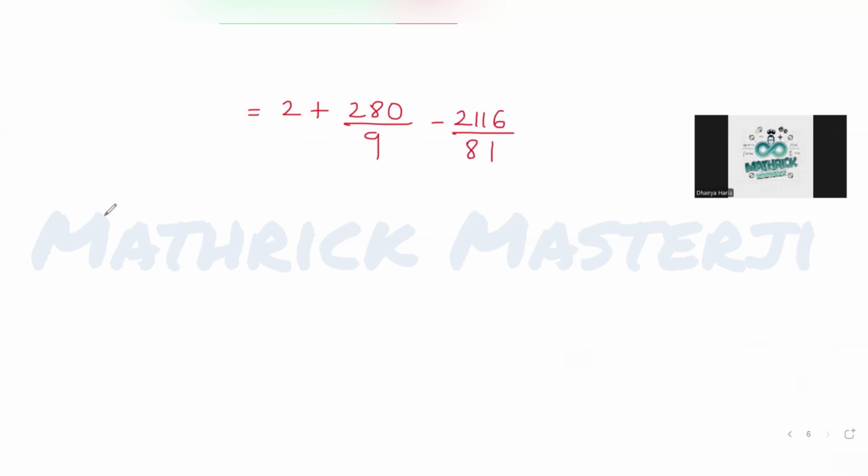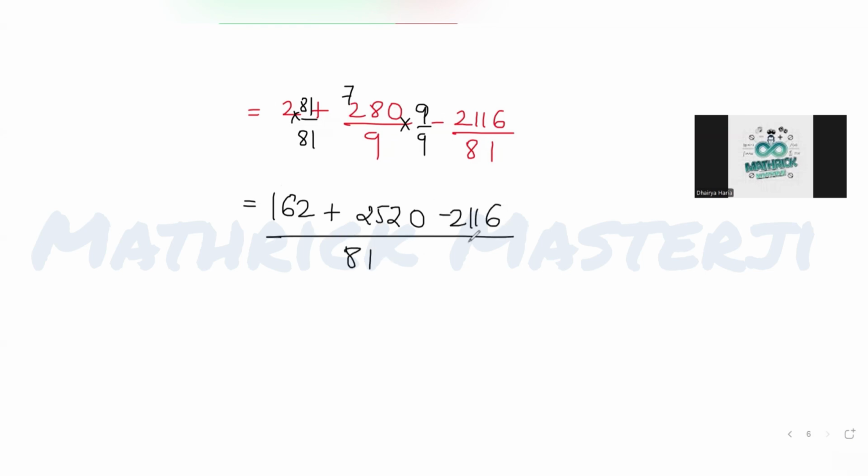To make the denominator the same, I'll multiply this with 81, this with 9. So I get here 162 plus 9 times 280, which is 2520, over 81. So 2520 minus 2116.